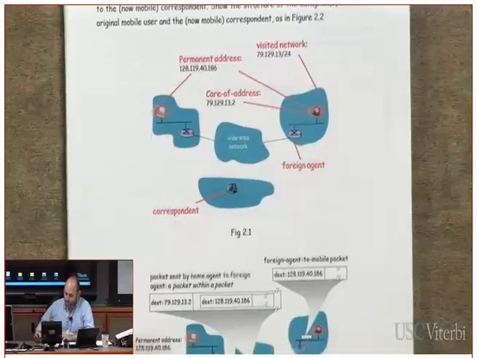Triangular, okay. So isn't it the same as the case where we have just a correspondent and want to reach another mobile station? So it's completely symmetric, right?